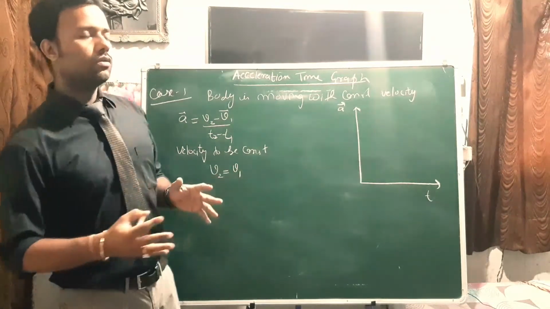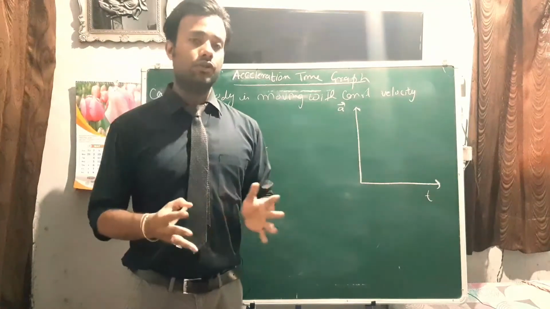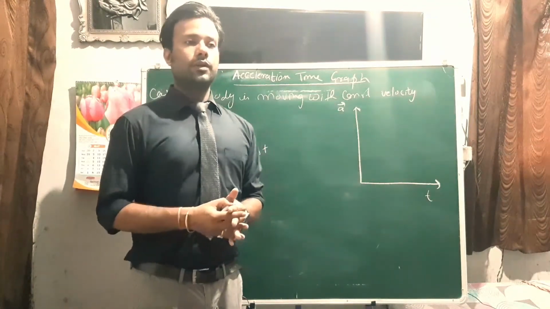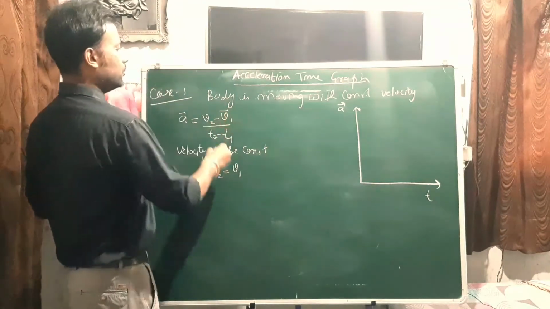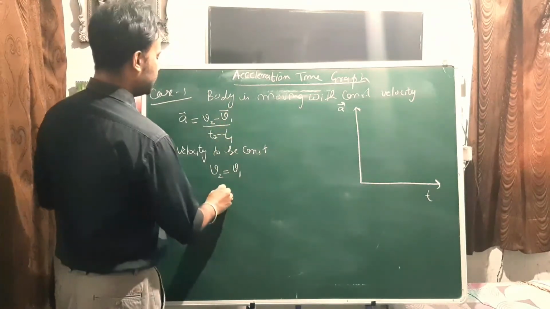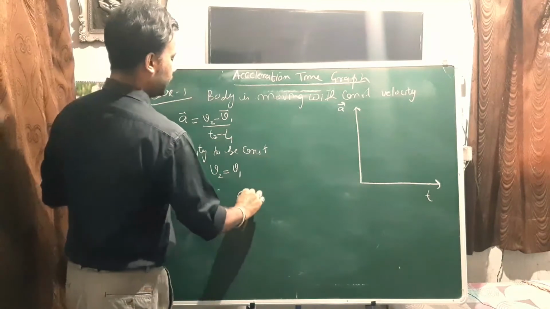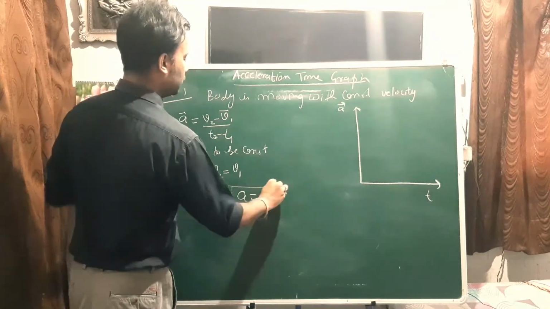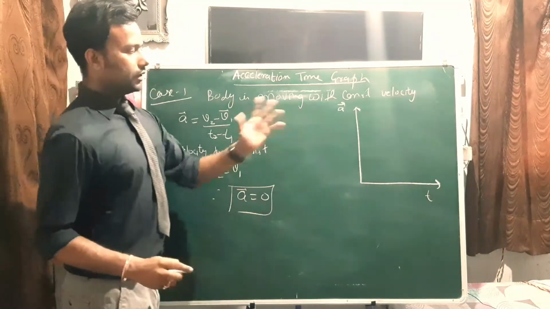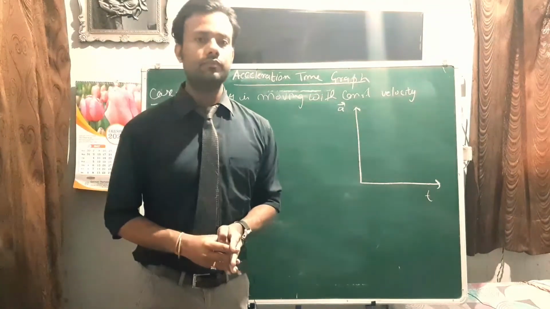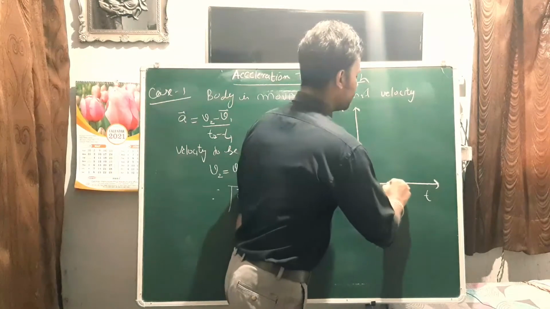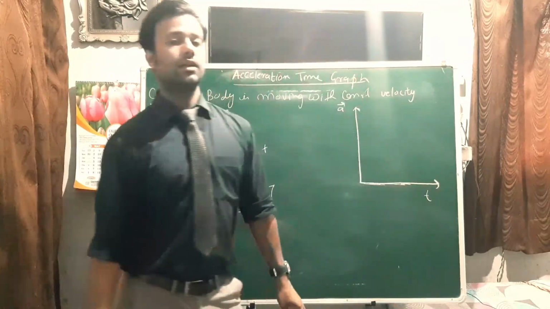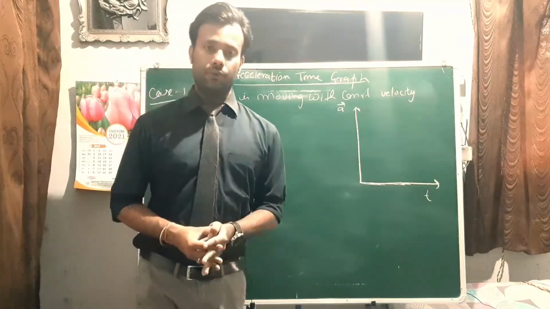Obviously when the body's velocity is constant, it means velocity is not changing. So v2 will be equal to v1, and the numerator will become 0. Hence in this case A will become 0. That means the graph will be parallel to the time axis. That means time is increasing but the acceleration is 0.